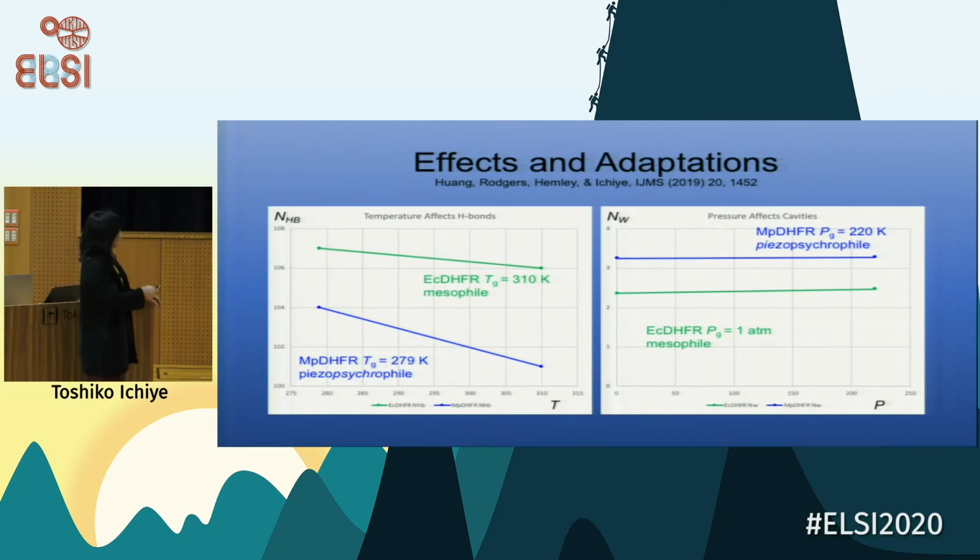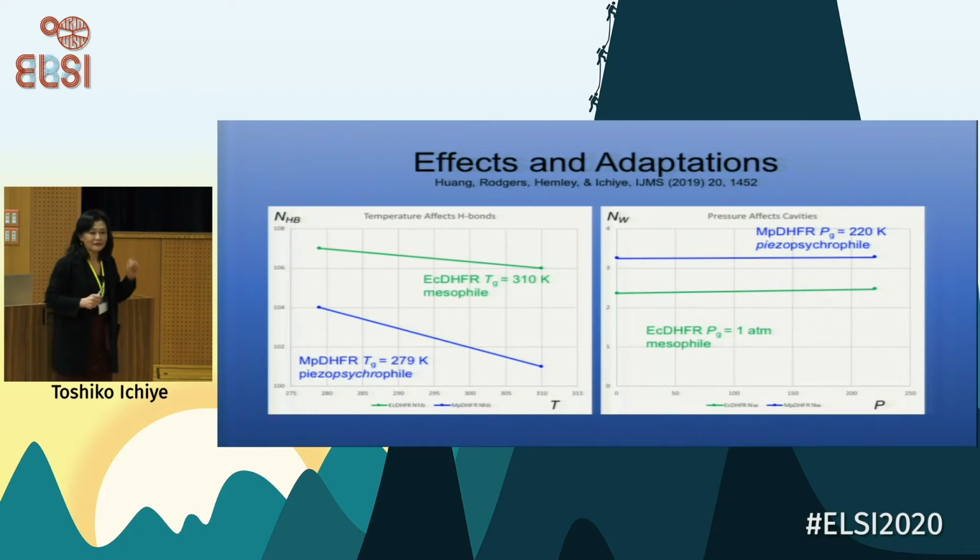The other thing is if you compare the mesophile with the piezophile, the number of hydrogen bonds is greater in the mesophile. So why should you have more hydrogen bonds? Well, actually, I've been talking about Moritella as a piezophile, but it's actually a psychropiezophile.